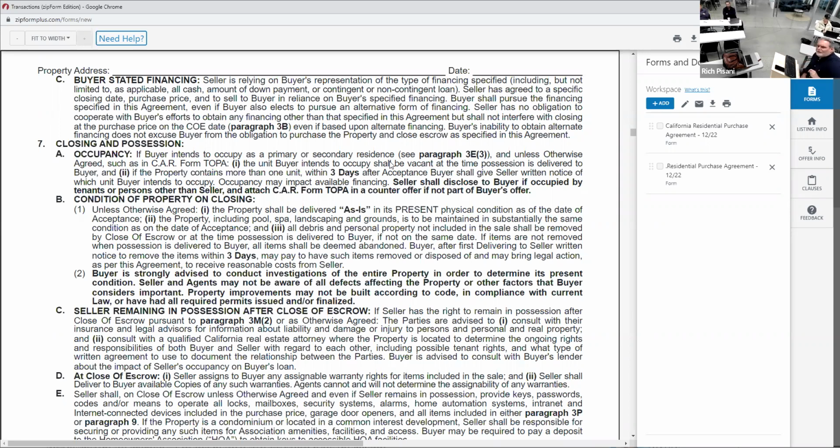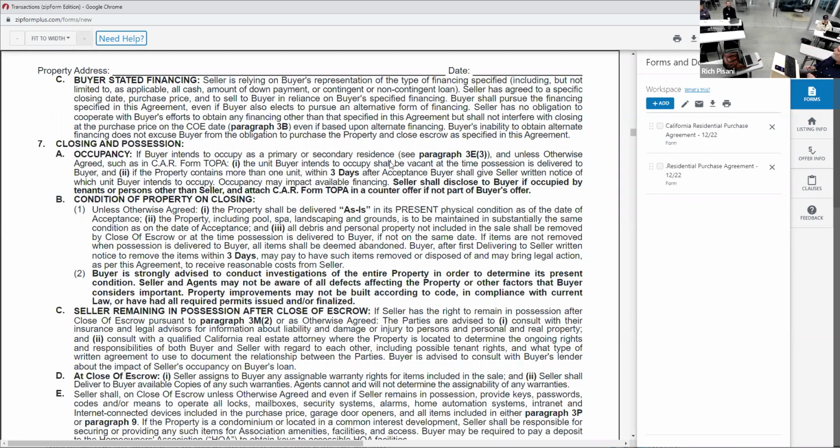Also, I think it goes into this later, but I'll mention it here: final verification of property. That's what final verification of property is. It is to ensure that the property is in the same condition as when the offer was initially made, that the seller didn't go in and remove all the kitchen cabinets or do something to change the condition of the property.